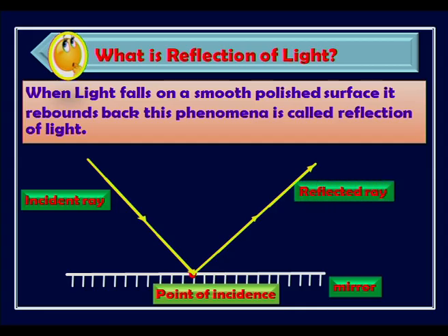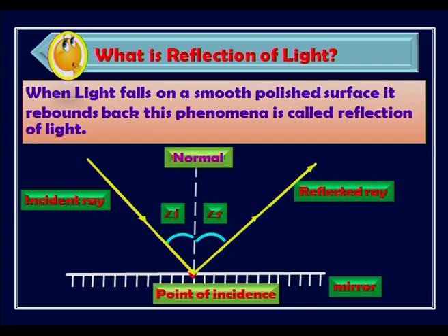If you draw a perpendicular to the mirror at the point of incidence, that is called normal. The angle between normal and incident ray is called angle of incidence, represented by angle I. The angle between normal and reflected ray is called angle of reflection, represented by angle R.